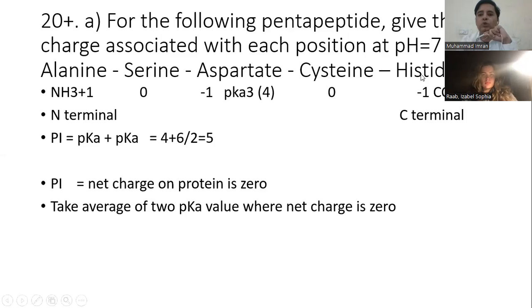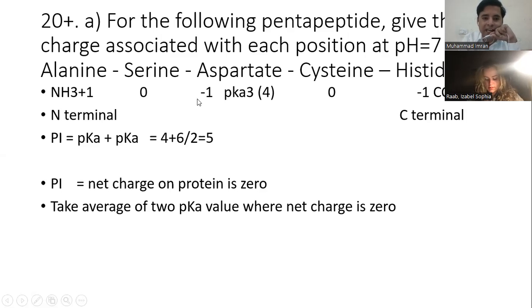What can we do to remove that negative charge? We add some acid which can protonate the carboxylic group present in the side chain of aspartic acid. So what is the pI, the isoelectric point, of that pentapeptide? The isoelectric point is around 5. Why?